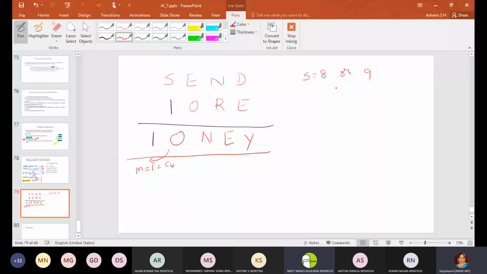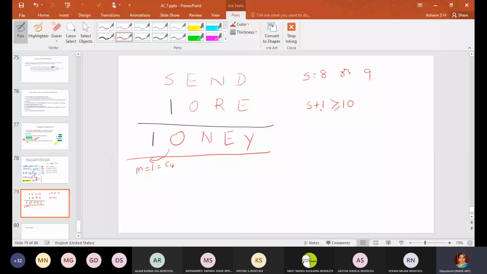Ma'am, can you just repeat this part again? How you came with S is equal to 8 or 9? See, S plus 1 should be greater than 10. Do you agree with this? Ma'am, S plus 1 plus another value C3 should be greater than or equal to 10.